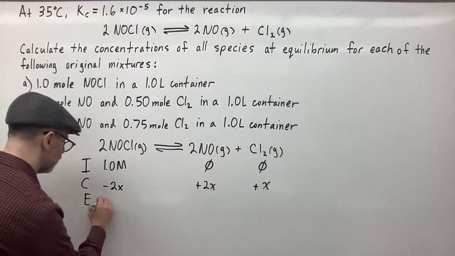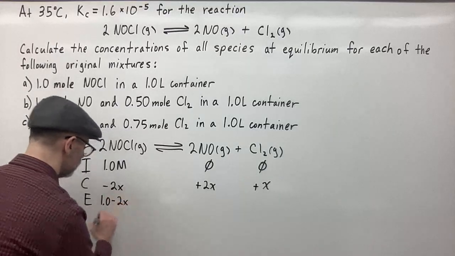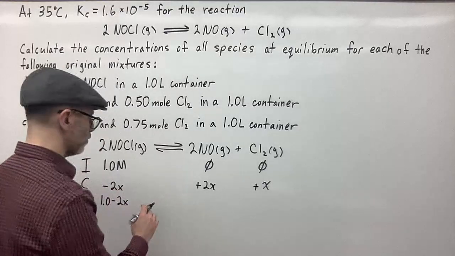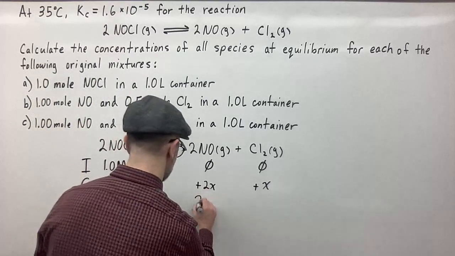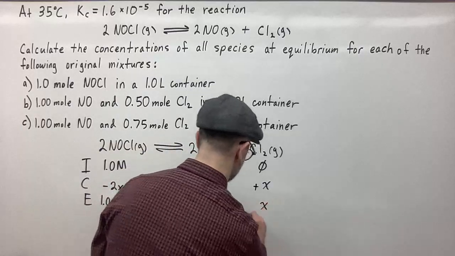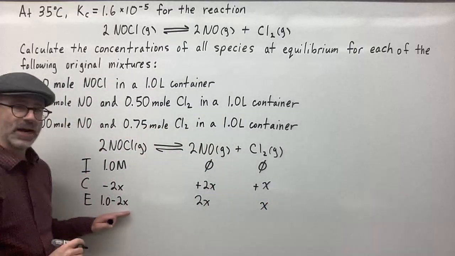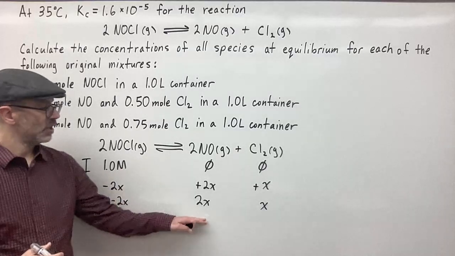So we add these together, and it becomes 1.0 minus 2x for the equilibrium concentration, and here we're going to have 2x for the equilibrium concentration, and we're just going to have x. So now we have the equilibrium concentrations of each of our species in terms of x.